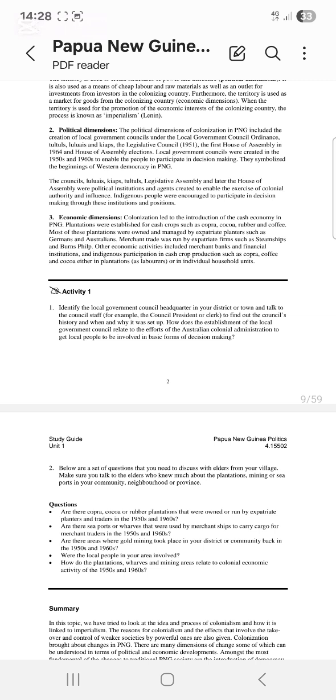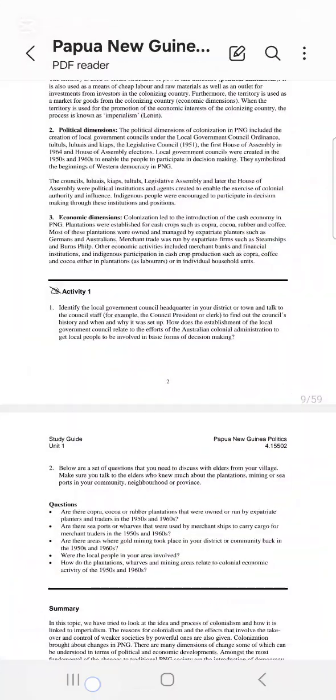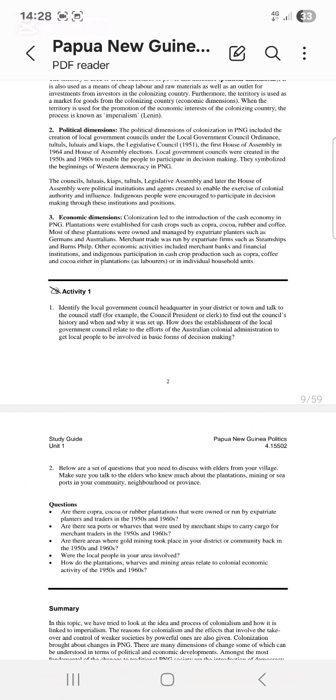The reason why the Germans came and established plantations in New Guinea was because they wanted to extract raw minerals, okay? Extraction of resources.